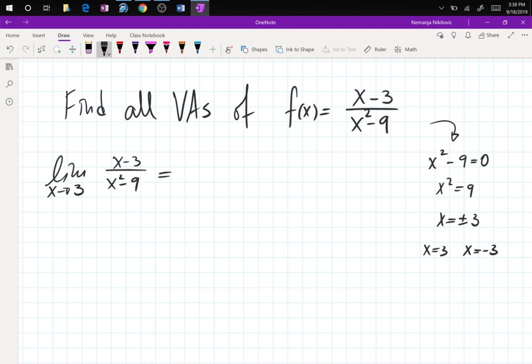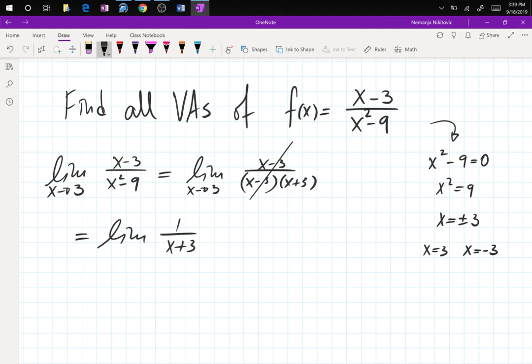Now you learned this last class, 2 days ago. What should I do? Factor, cancel, beautiful. So the limit as x goes to 3, we have x minus 3 on top, x minus 3 times x plus 3 on the bottom. These drop, and I have now the limit of 1 over x plus 3 as x goes to 3. What is the limit here?